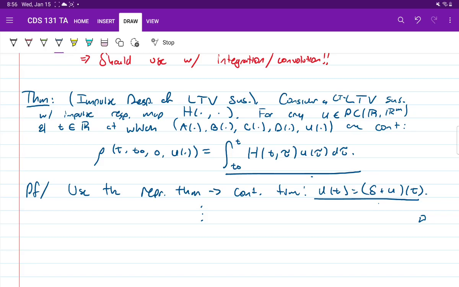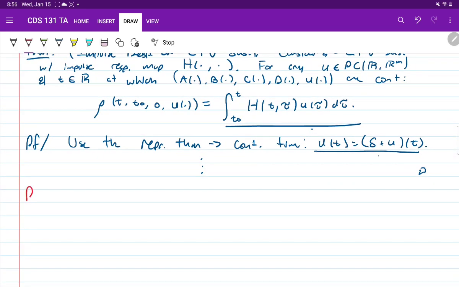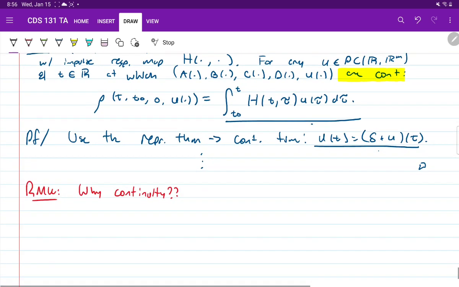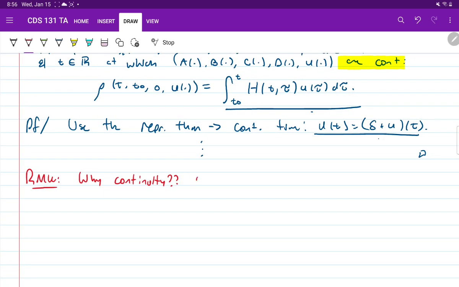Okay, so I just want to highlight real quick a remark, why continuity. Above, notice that we've said this needs to happen at a point where our problem data is continuous. The reason for this is that integrals ignore sets of measure 0.